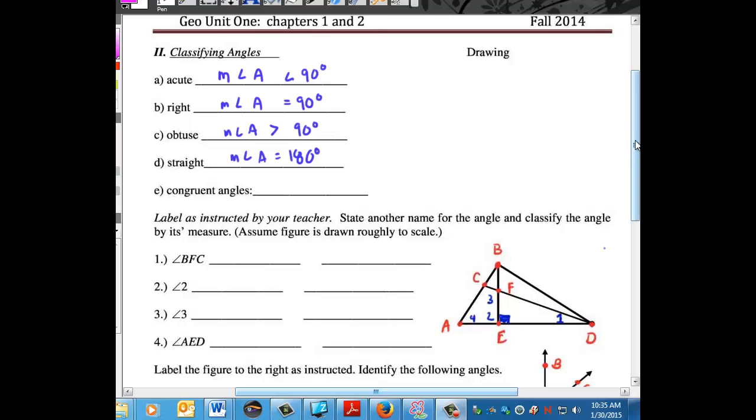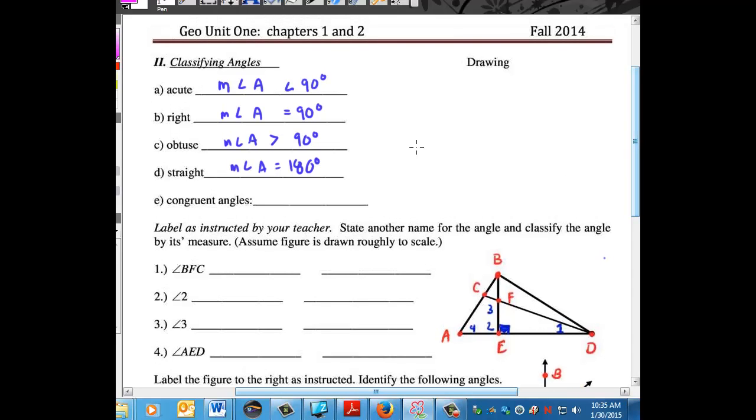Next page, we are now going to classify angles. We first start off with an acute angle. So if we want to draw out an acute angle, it's less than 90 degrees. So it's going to be a small, tiny, acute angle. And so we have an angle that's less than 90. So it could be an angle that is 45 degrees.